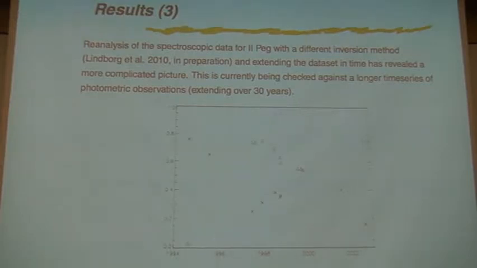Around between something like 95 and 97, there seems to be a flip-flop, so one of the strongest spots goes to the other longitude, but then where we would expect to find another flip-flop, it's not so clear what happens. It seems that the spots kind of meet and then they go away again.